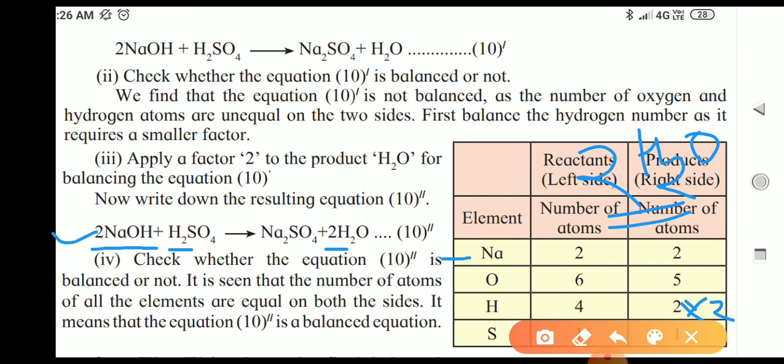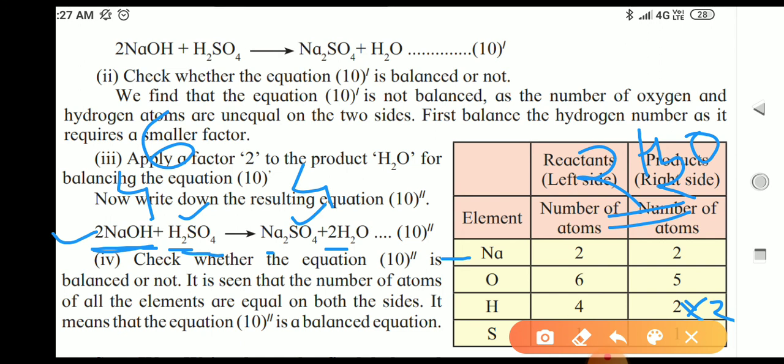Now see this equation. Total sodiums are 2 towards reactant and 2 towards product, so sodium is balanced. Then sulfur is 1 and in product sulfur is 1. Now see hydrogens: 4 hydrogen in reactant and 4 hydrogen in product, so hydrogen is also balanced. Now see the oxygens. Here 2 oxygens in NaOH and 4 oxygen in H2SO4, so total oxygen becomes 6 in the reactant side.